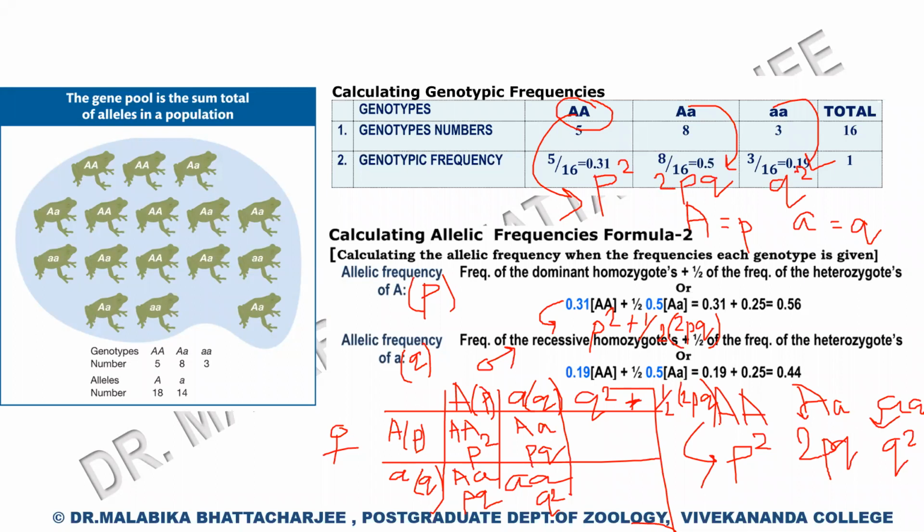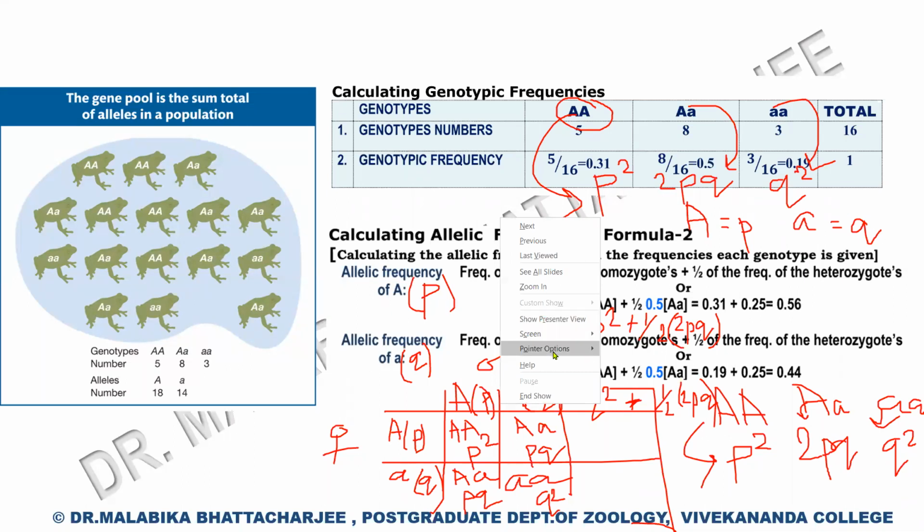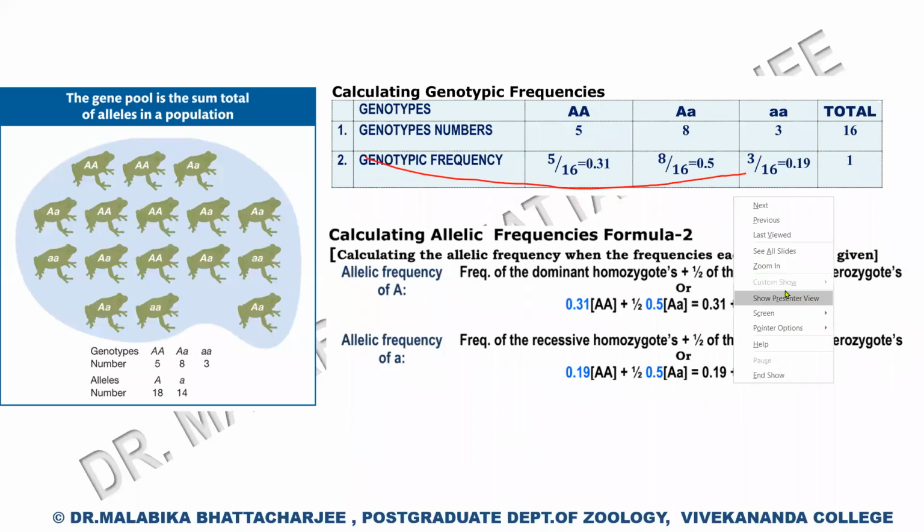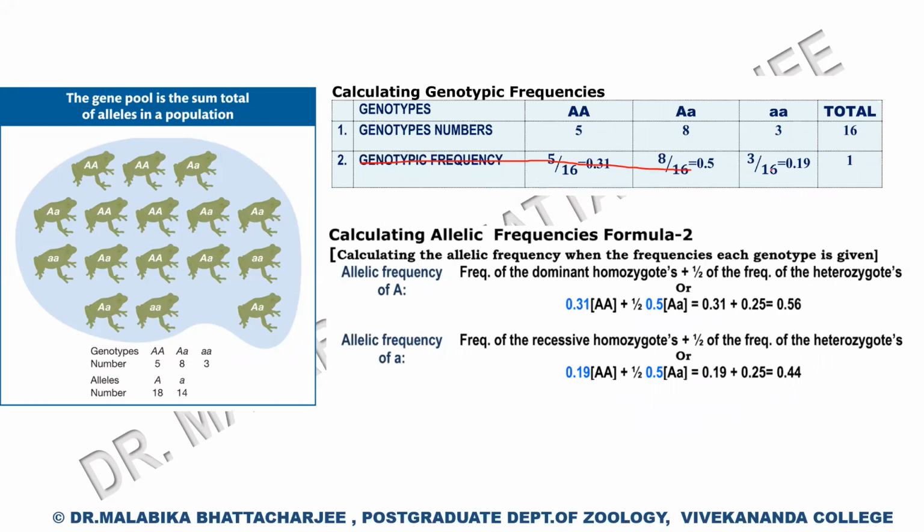Another point you can keep in mind is that for a given problem, this data may not be given to you. You have the data of the number of individuals, but you want to use this formula.